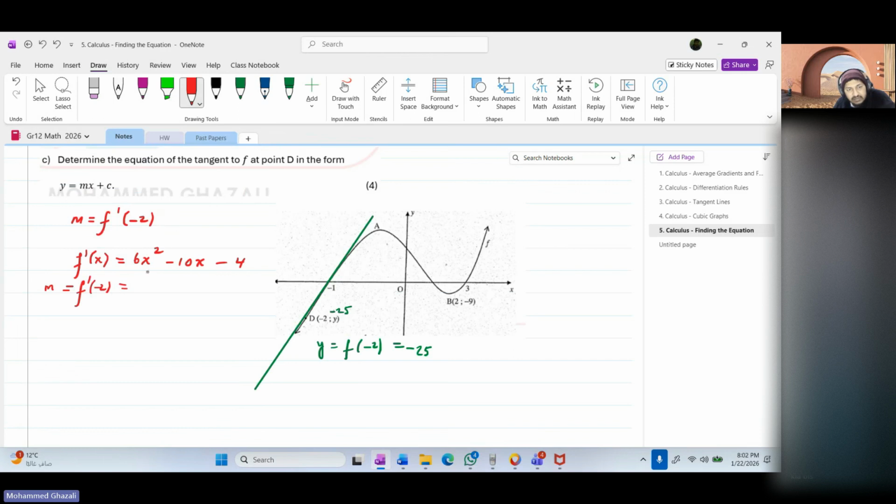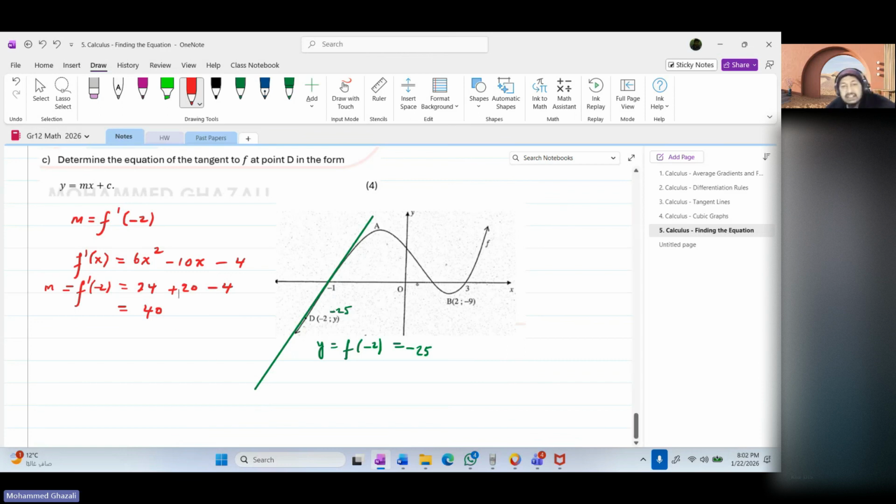So 6 times -2 squared, that's 24. Minus 10 times -2, so plus 20, minus 4. So that's 40. The gradient is 40.